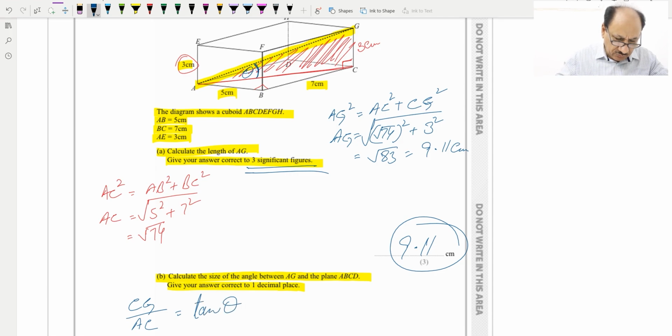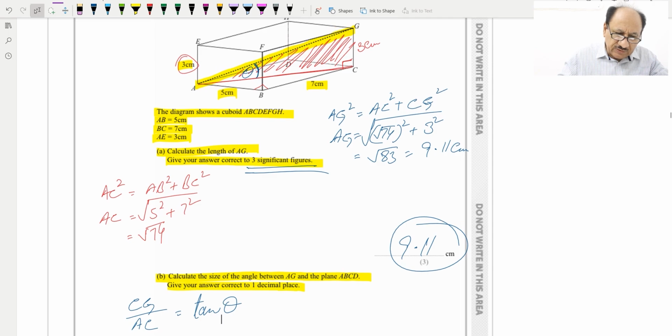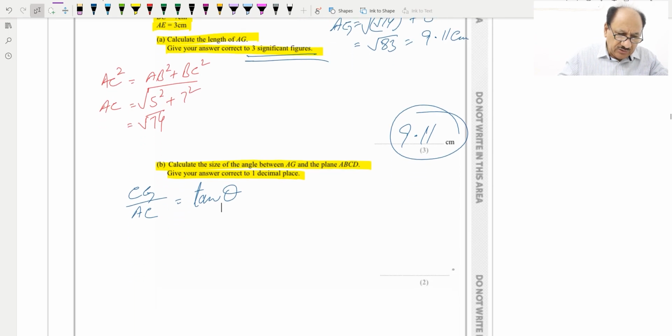We know CG is 3, and AC we already know, which is square root of 74, so 3 over square root of 74 is equal to tan theta.